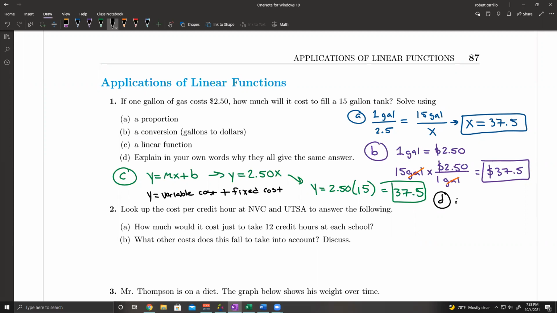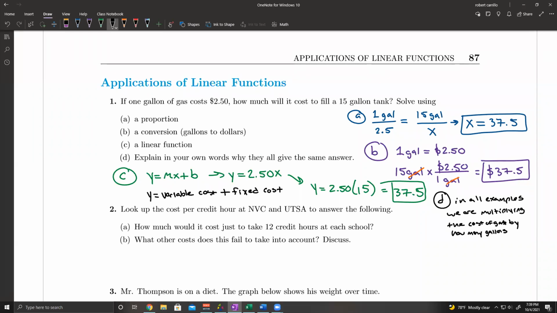So let's say in all examples, we are multiplying the cost of gas by how many gallons.